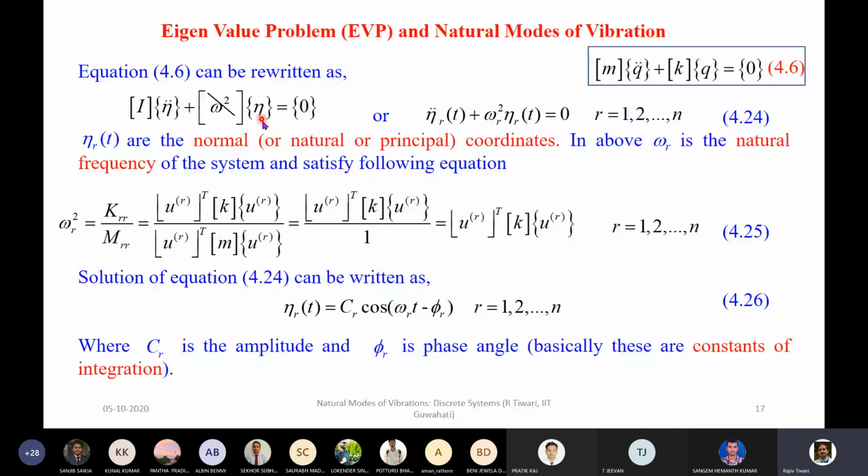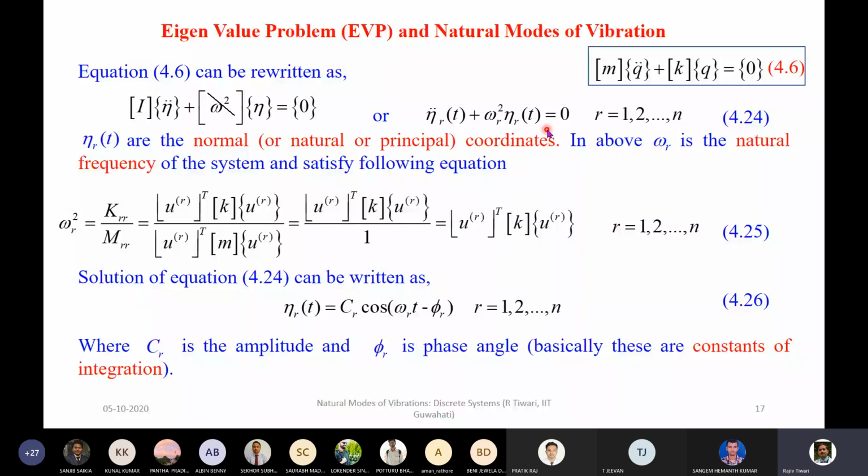So now you see this first matrix is the identity matrix. All the diagonal terms are 1. Here all the diagonal terms are omega square. So there are n number of equations, and all are uncoupled because there are no off-diagonal terms in this matrix or that matrix. So if we expand this, each of the equations will be of this form.